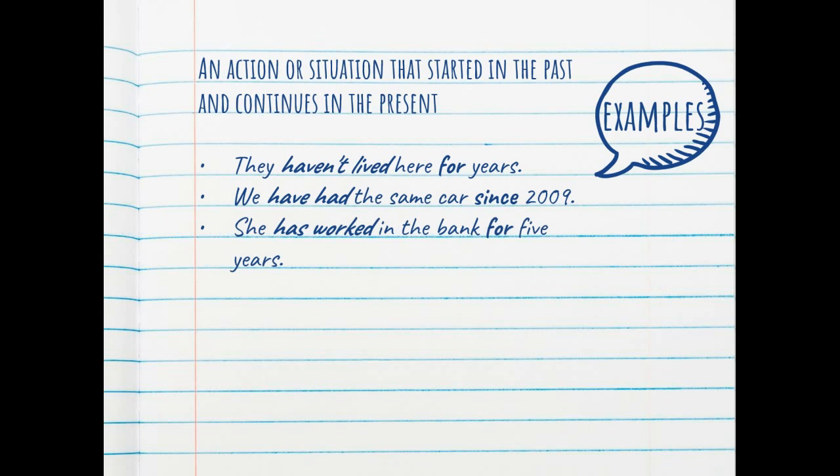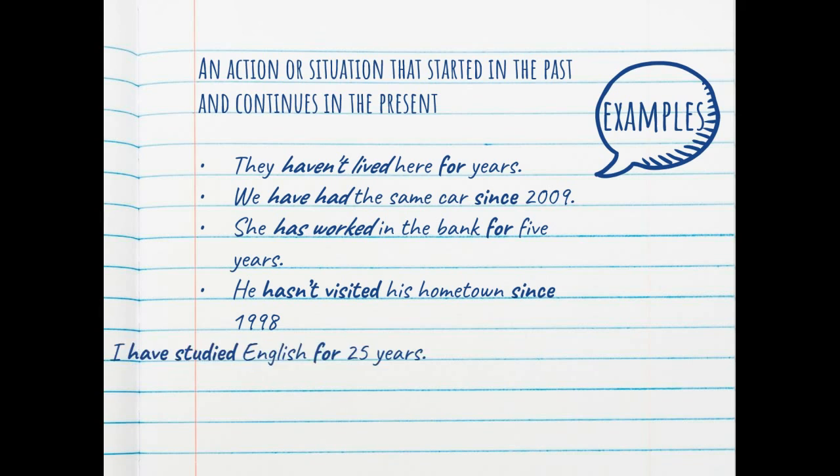We have some more examples. She has worked in the bank for 5 years. Again, a period of time. He hasn't visited his hometown since 1998. Okay, again, the starting point with since. I have studied English for 25 years.